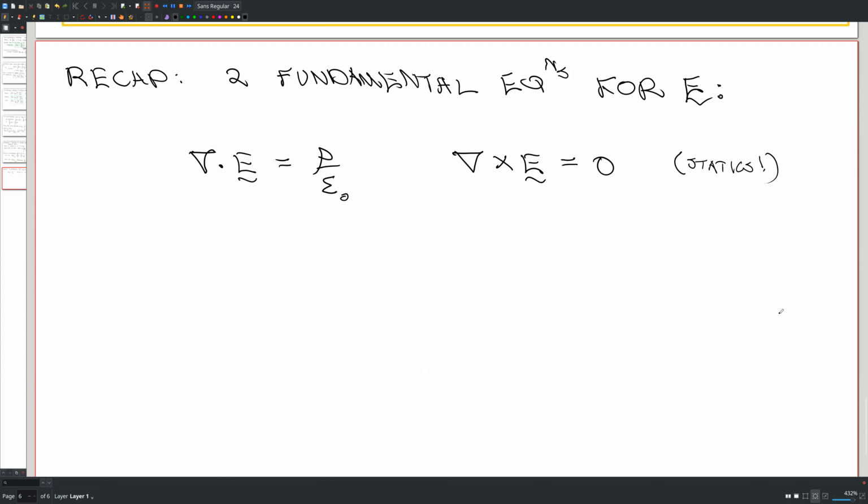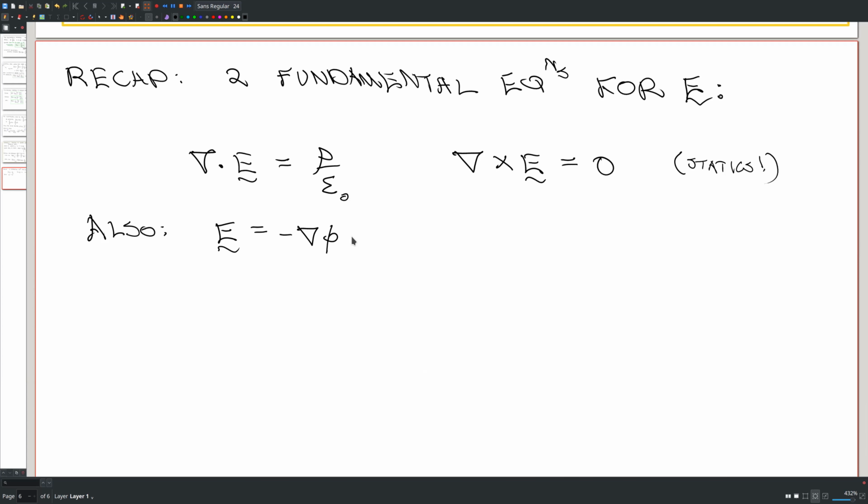Okay. So we also know that we can write the electrostatic field as minus the gradient of a scalar. Okay, and here just one little second to say how remarkable this is, how fun this is, because the electrostatic field, of course, is a vector field.